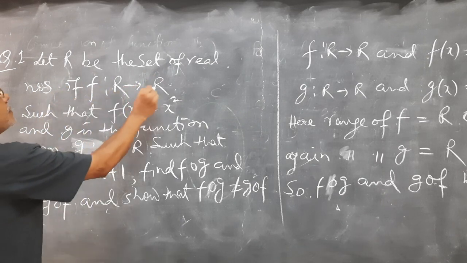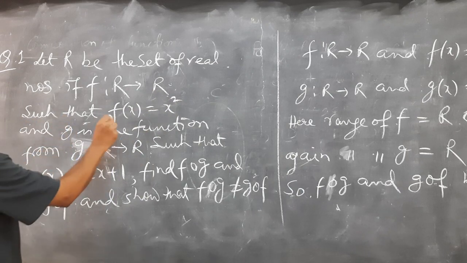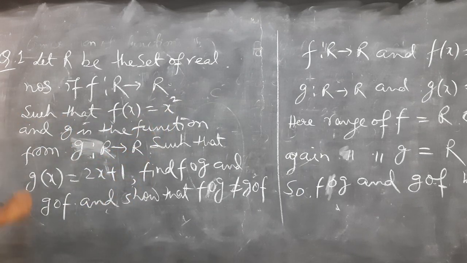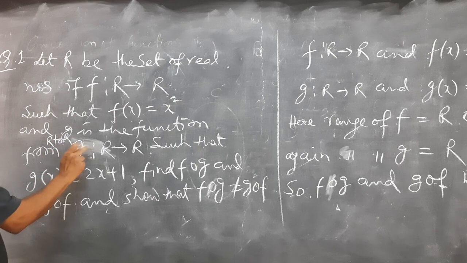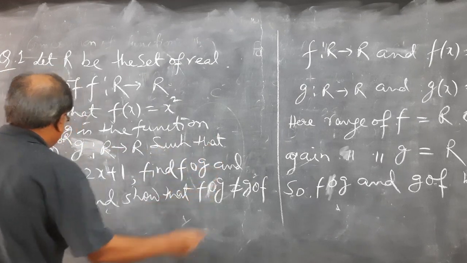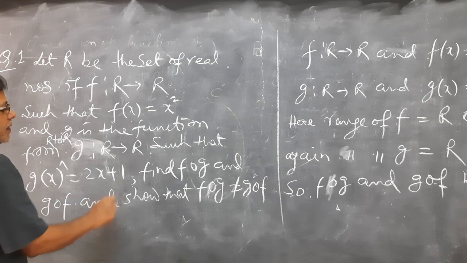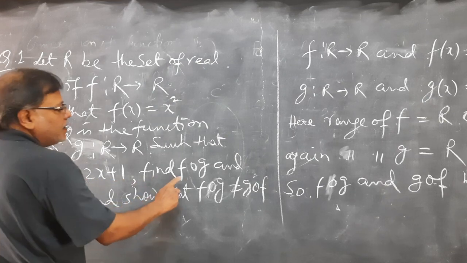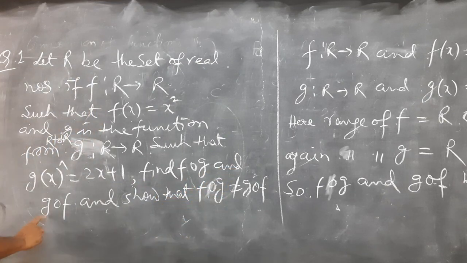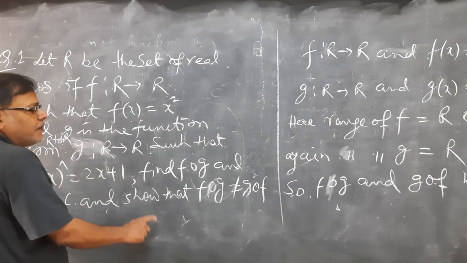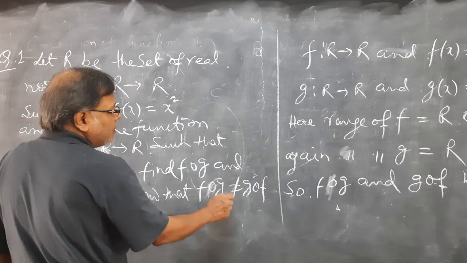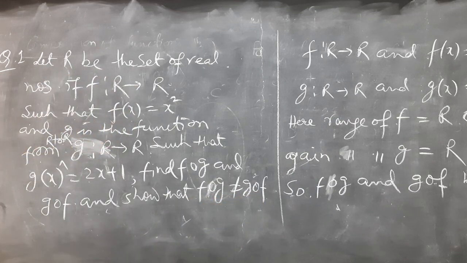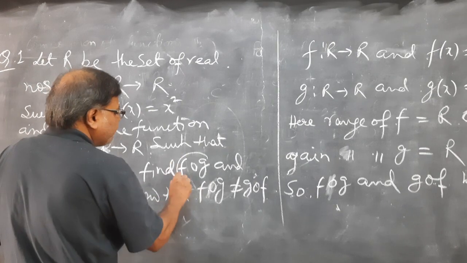If f maps R into R such that f(x) is equal to x square, and g is the function from R to R, that is g maps R into R such that g(x) is equal to 2x plus 1, then you have to find FOG and GOF and show that FOG is not equal to GOF. So let us begin with this FOG.